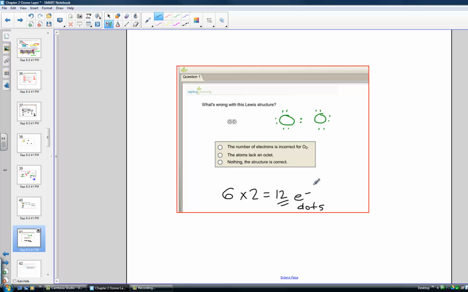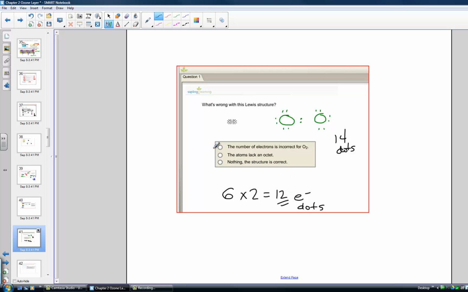How many does this structure have? If each of the oxygens can contribute 6 valence electrons, we have 1, 2, 3, 4, 5, 6, 7, 8, 9, 10, 11, 12. There's 14 dots in this structure. I'm only allowed 12.